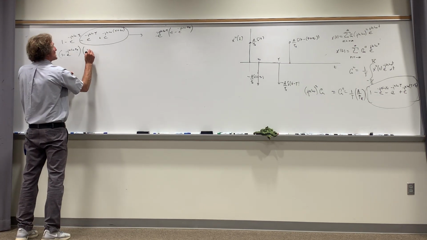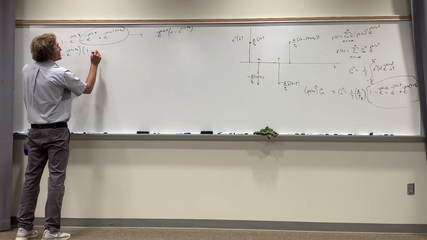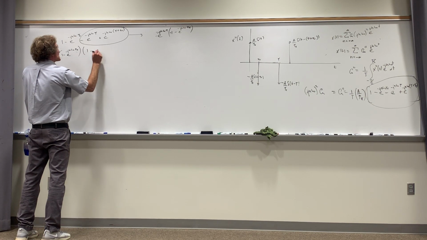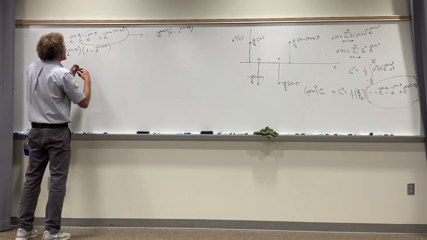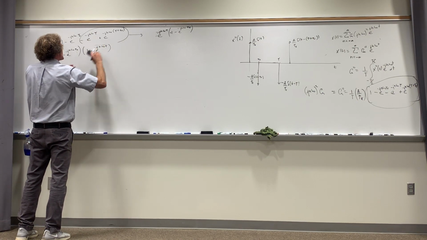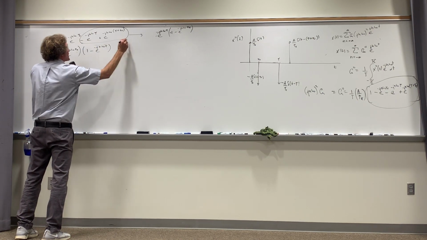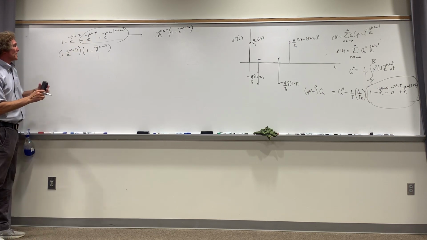That's going to be minus e to the minus j n omega naught tau, isn't it? Yes. Alright, and that's what this will be right here. That's what happens to this thing.